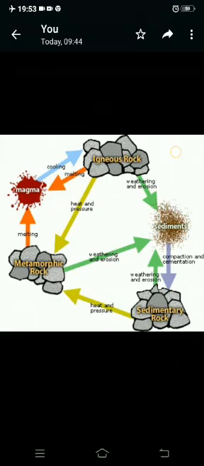You know, when the molten magma cools, it solidifies to become igneous rock. These igneous rocks are broken down into small particles that are transported and deposited to form sedimentary rocks.